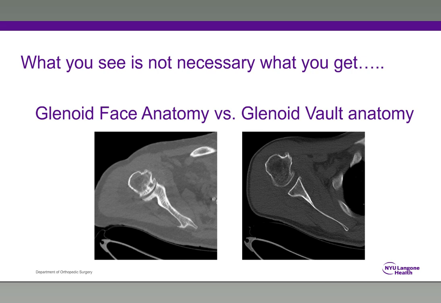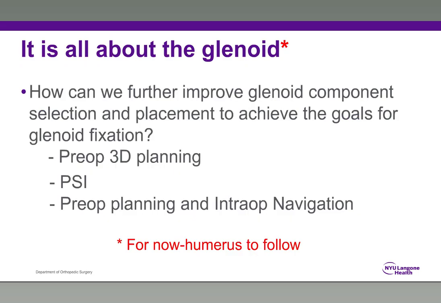You can see in the CT scan on the left that if you looked at that glenoid and divided it at this midportion in an anterior-posterior direction and decided to prepare the glenoid at that point for the glenoid peg, the central peg, you would basically perforate out the posterior portion because the vault is very anterior in relationship to the face, whereas the CT scan on the right shows a more symmetric relationship between the glenoid face anatomy and the glenoid vault anatomy. And there can be a great variation in this from one extreme to the other.